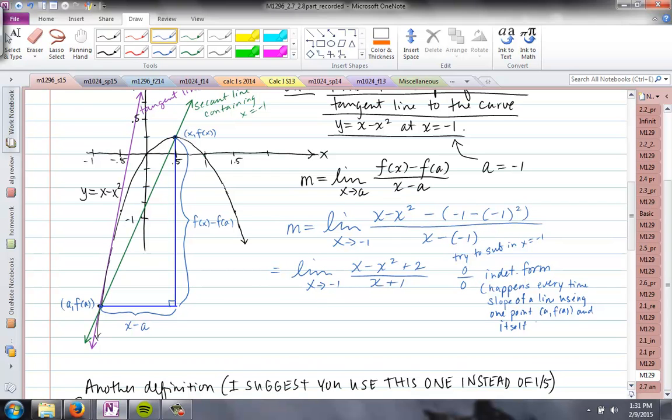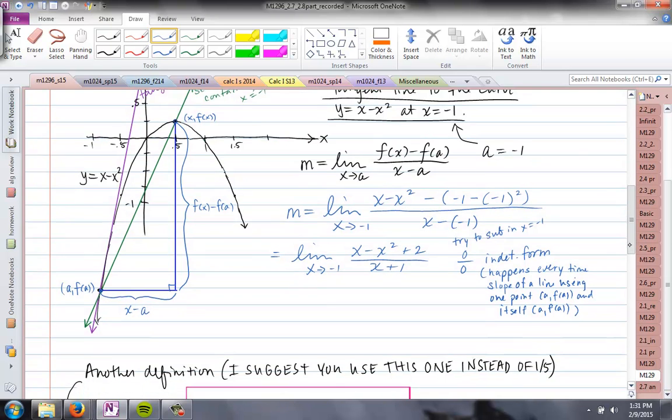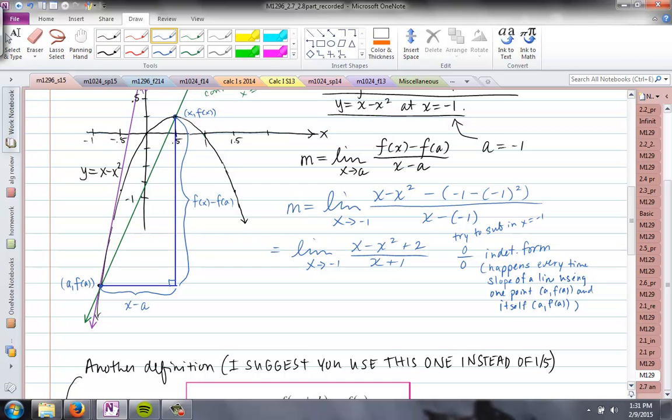That's why you get 0 over 0 every time. So now that we know this, we again don't have to bother plugging in. This could happen every time. We went over limits because they're important, but largely getting ready for this moment, so that we would be able to tell how to take this limit when we get 0 over 0, this indeterminate form.